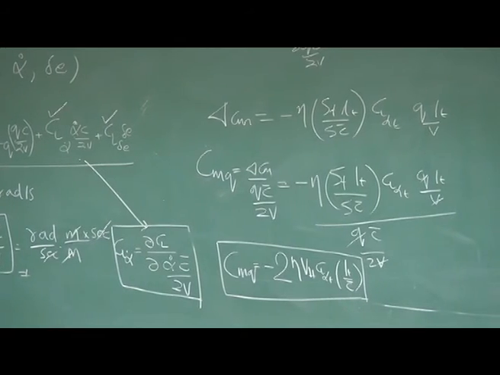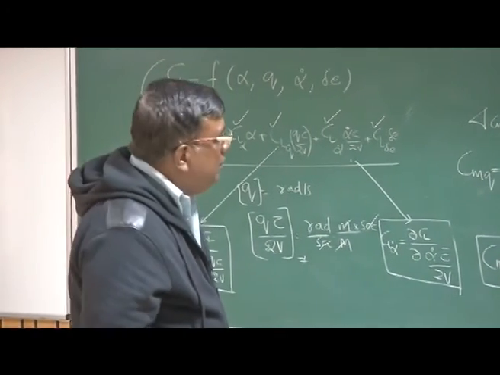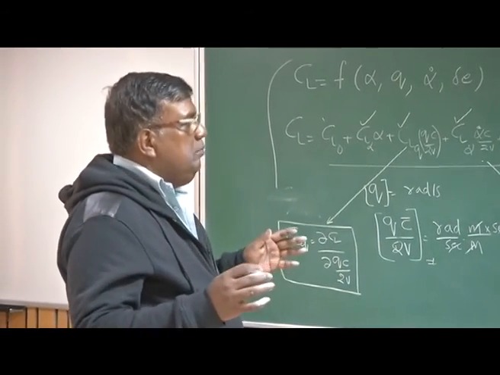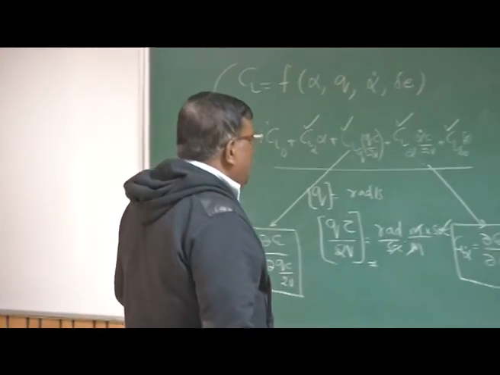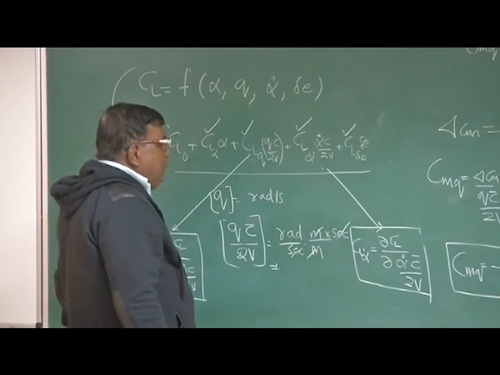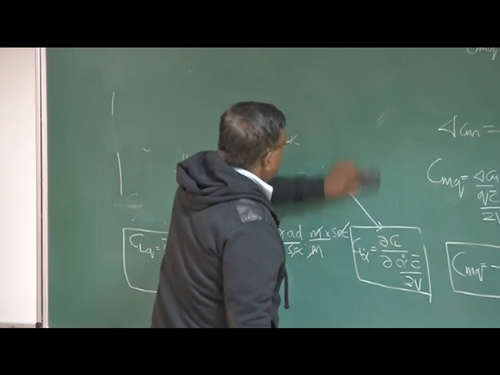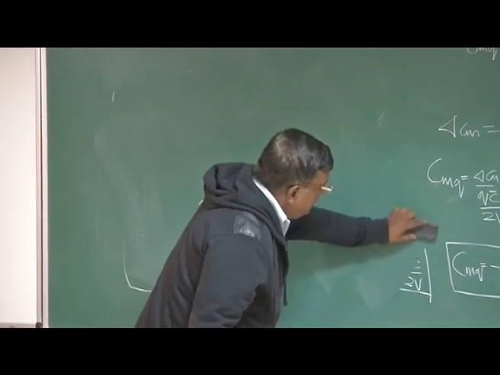This is an extremely important derivative. I am now focusing only on the derivative. I will come to the physical significance of it as we are clear what the derivatives look like mathematically or empirically. With a little bit of insight, you could see why I am saying C_mq is a damping derivative. I would like to explain that immediately now, because now at least you know the expression of C_mq.